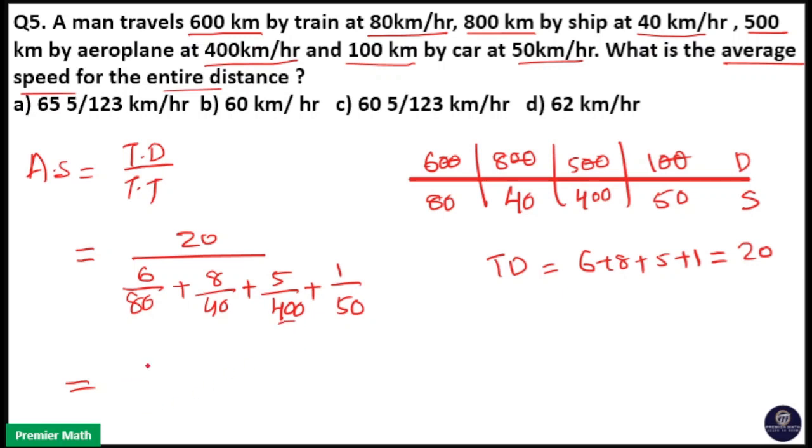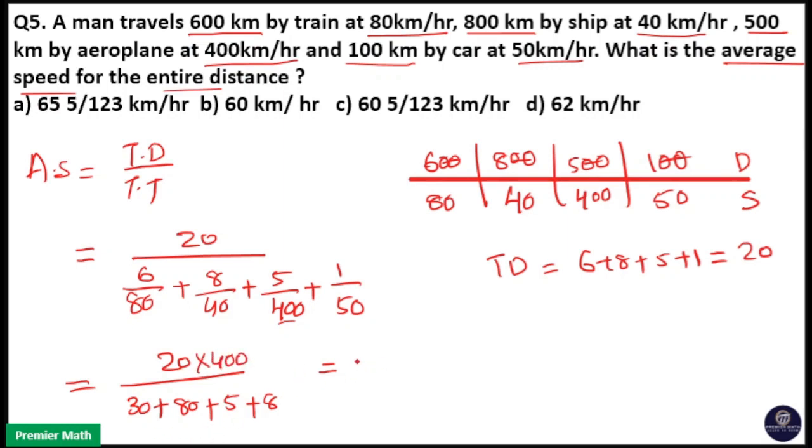So 20 parts divided by 400 by 80 is equal to 5. 5 into 6, 30. Plus 400 by 40, 10. 10 into 8, 80. Plus 400, 400 cancel, so 5 parts. Plus 400 by 50, 8 parts. And divided by 400 will come in the numerator.